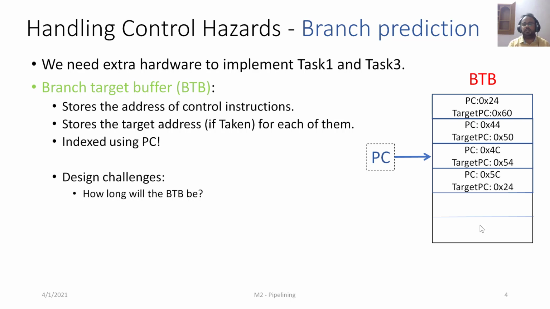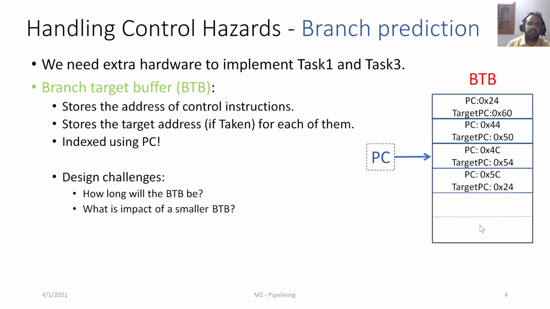Some other programs can have a large number of control instructions, but the BTB is a hardware module. We can't change it dynamically. So when you are fabricating the chip, how long should the BTB be? Should it have 10 entries, 20 entries or 100 entries? This is a design challenge that architects try to answer.